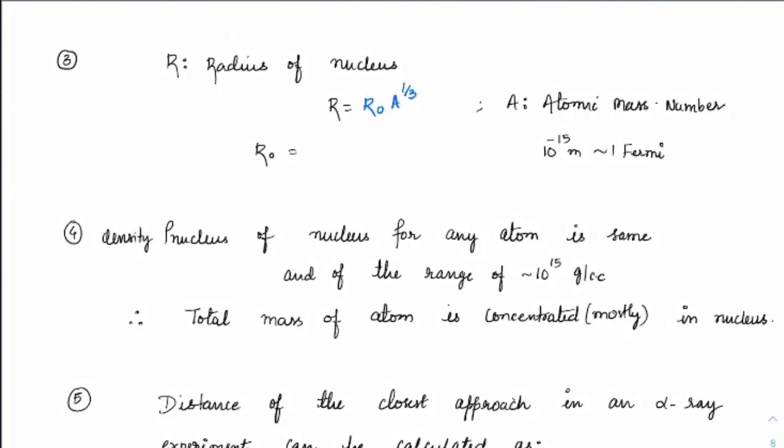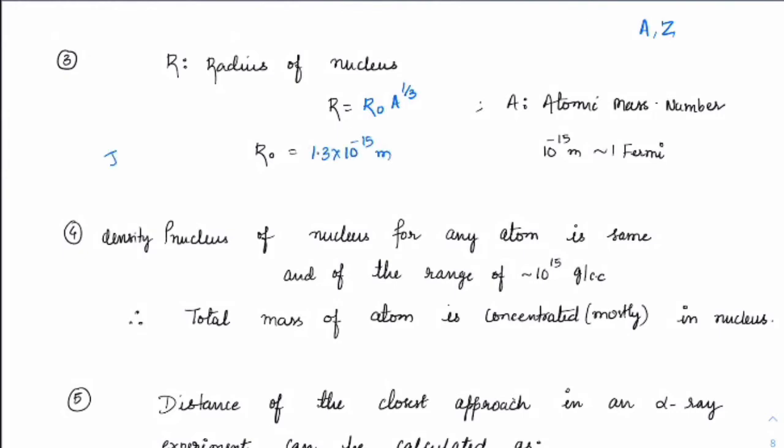I hope all of you understand what A and Z are, right? A is the atomic mass number, which is the number of protons plus neutrons. Z is the atomic number, which is the number of protons. Okay. And this R naught value was approximately 1.3 into 10 raised to power of minus 15 meters.